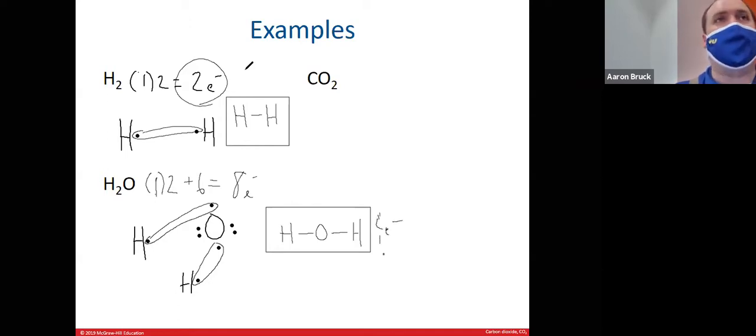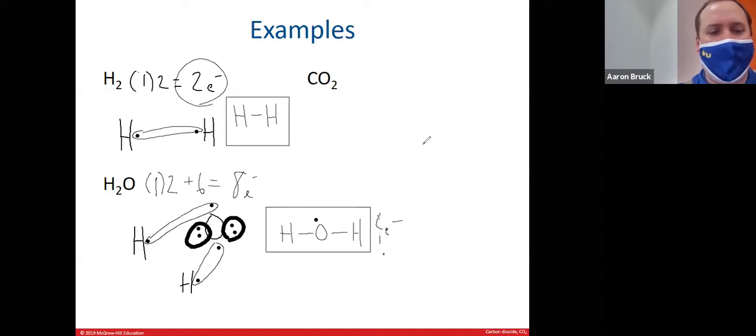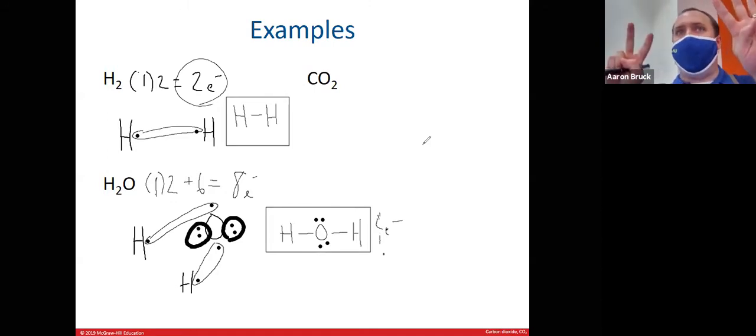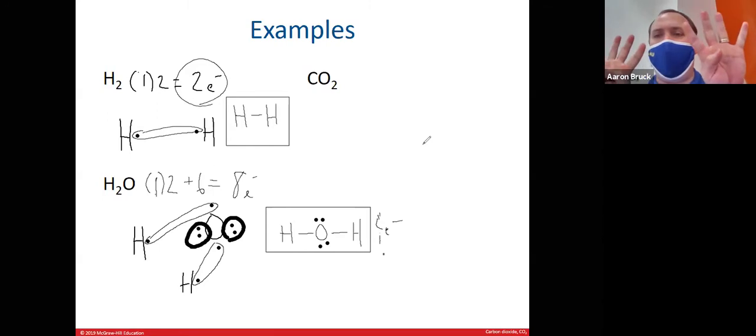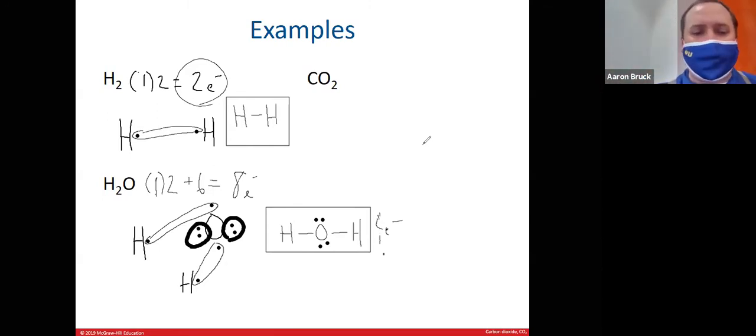Again, this is why we check ourselves. If I had drawn it this way and left it at this, it would be incorrect because it doesn't show all the electrons that are in the molecule. To do that, I have to remember to include those lone pairs that did not participate in the bonding. So with those in place now, I've got 4 dots and 2 bonds. 2 times 2 is 4. 4 plus 4 is 8.